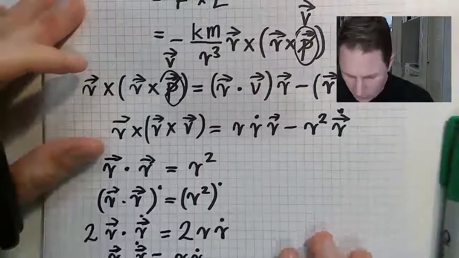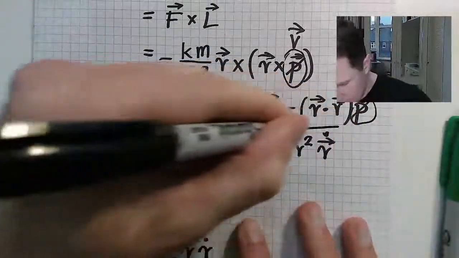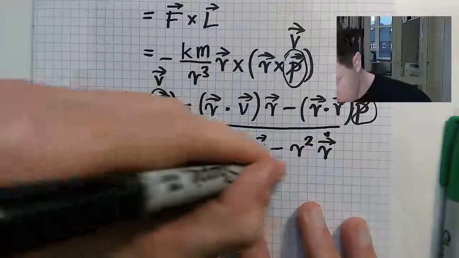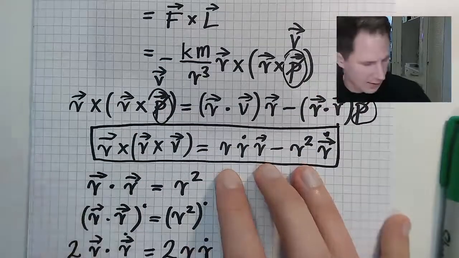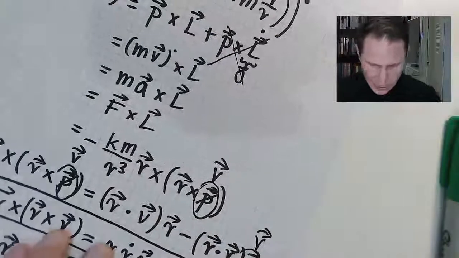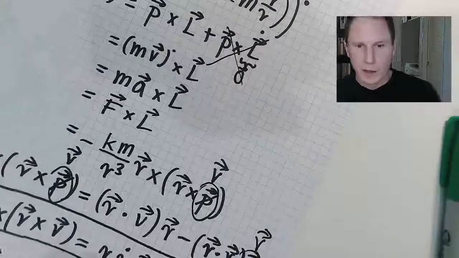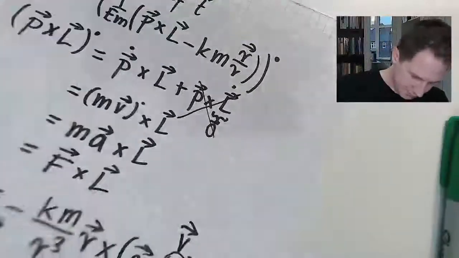Okay, so now we can use this triple vector product expressed as such to be used in our next calculation. Well, to continue the calculation as follows.